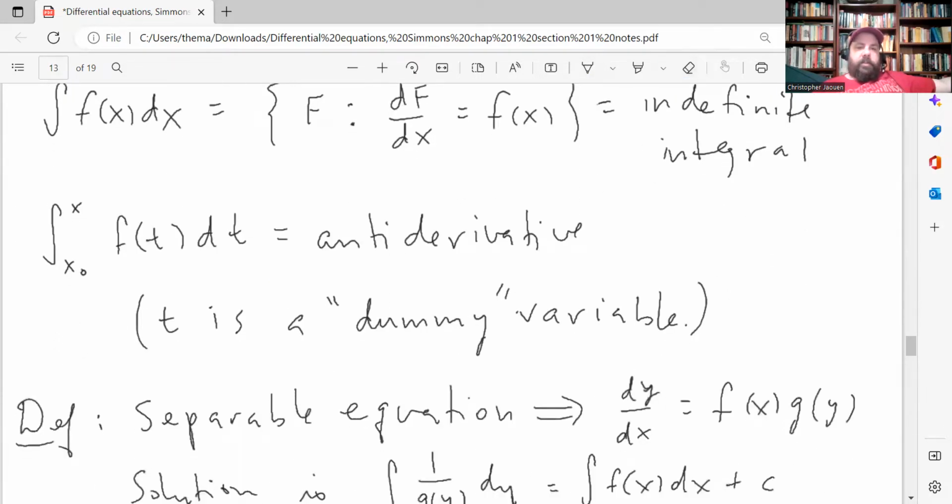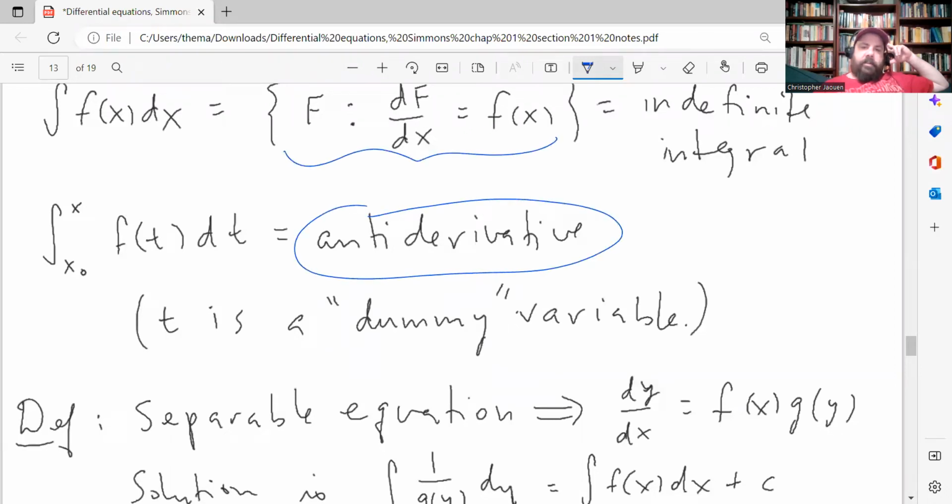If you put in some limits of integration here, where the upper bound you leave variable, then this is a specific antiderivative. In other words, if you differentiate this function, you'll get little f(x). So this is a specific antiderivative. This is the family of antiderivatives.